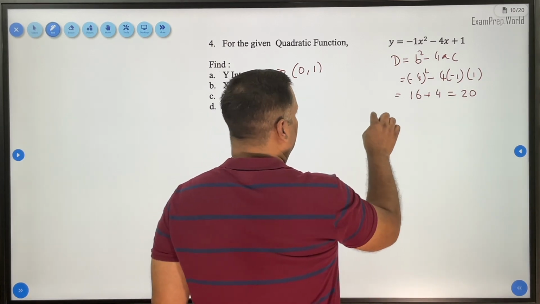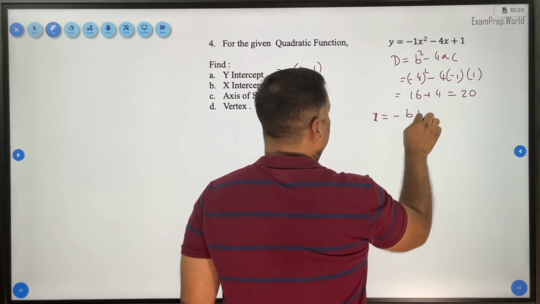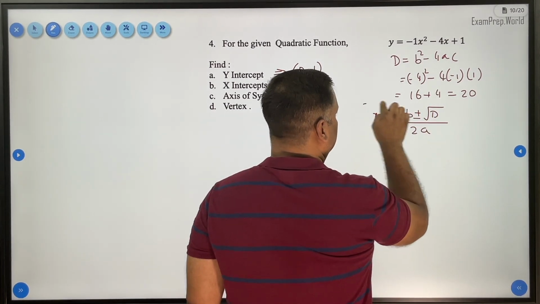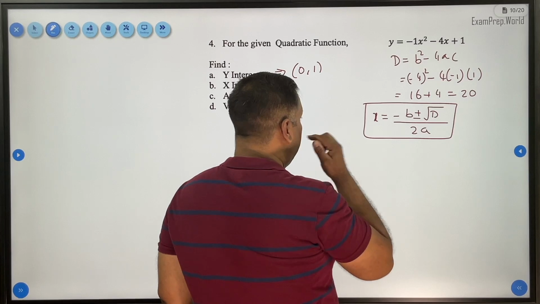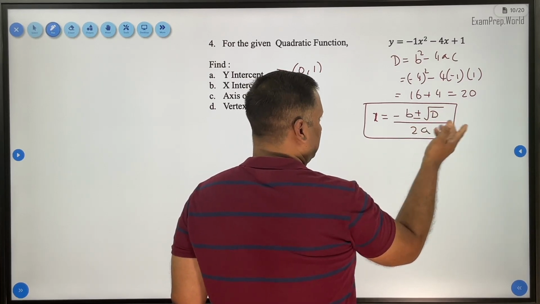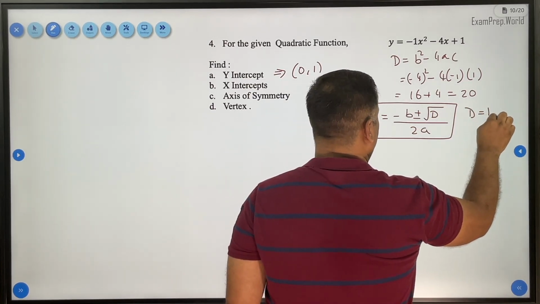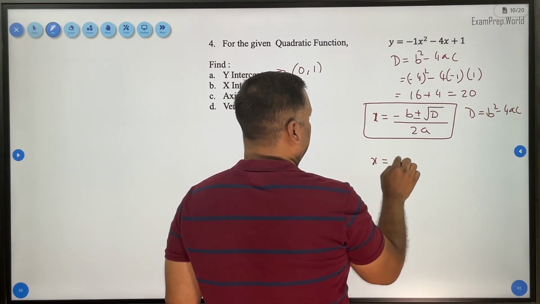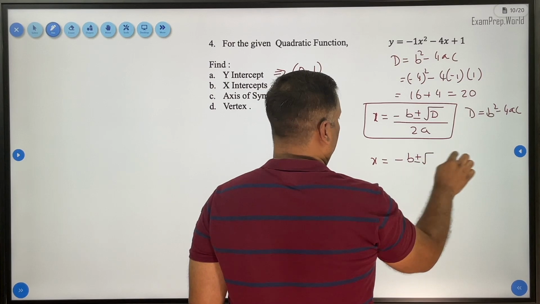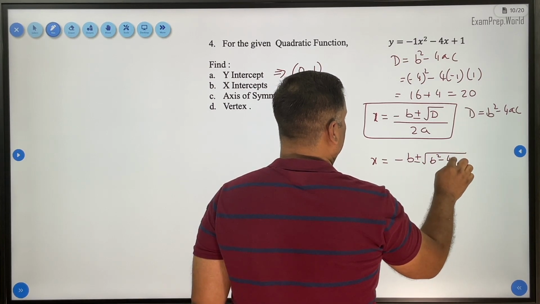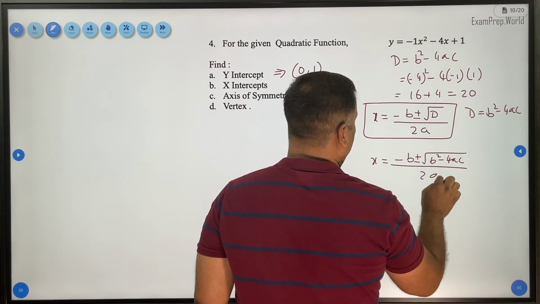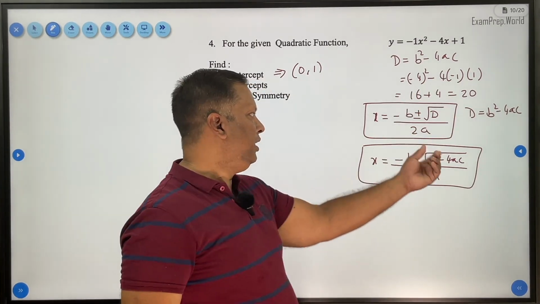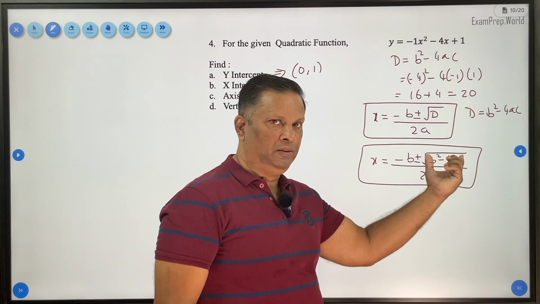What is quadratic formula? X equals to minus b plus minus root of d over 2a. In many places they write the complete form of d because d we already know that d equals to b square minus 4ac. So, some books will write like this, minus b plus minus root of b square minus 4ac by 2a. Instead of that, if I have found the d, I can use d directly because this is the value of d only, correct.